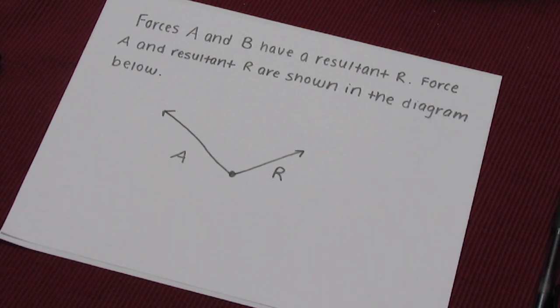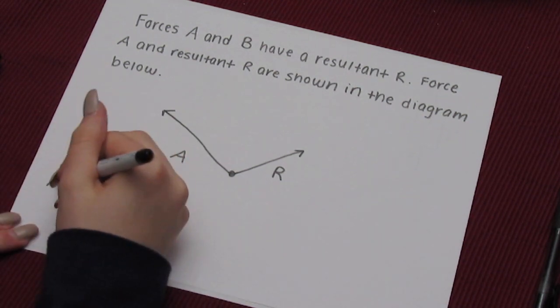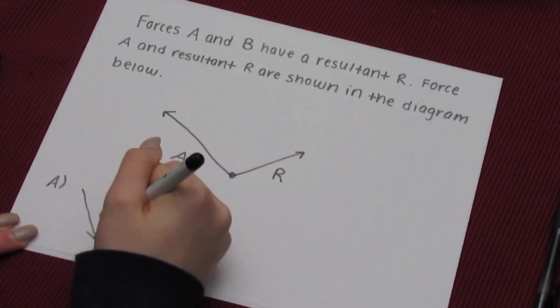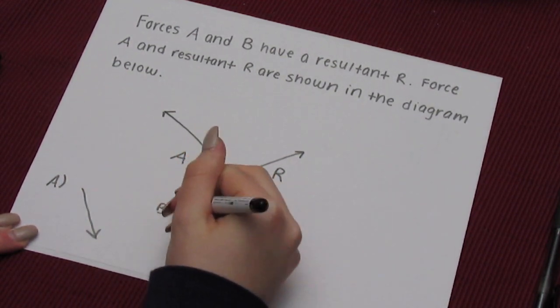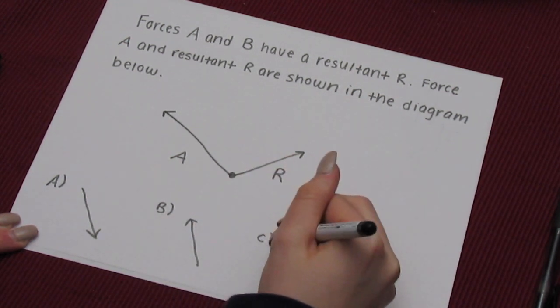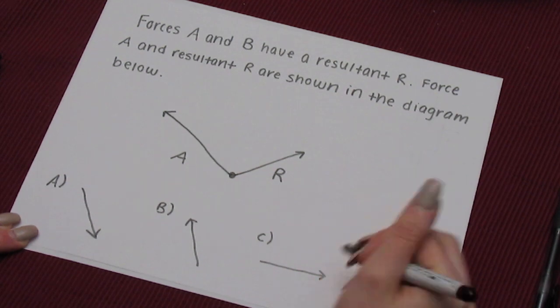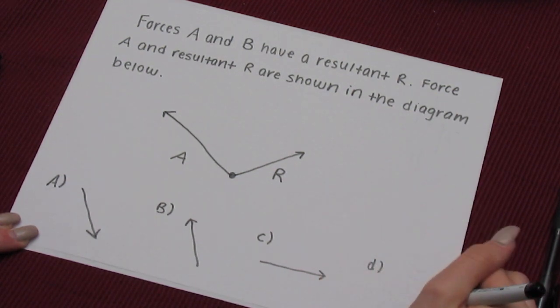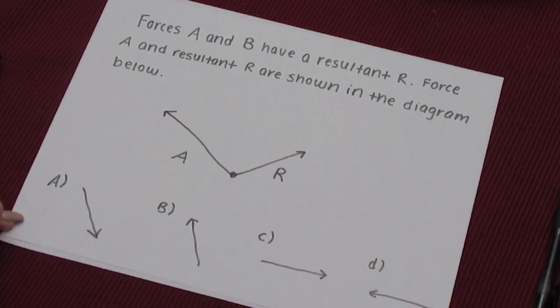And the question asks, which vector below represents force B? So choice A is this vector. Choice B is this vector. Choice C is this vector, and choice D is this vector.